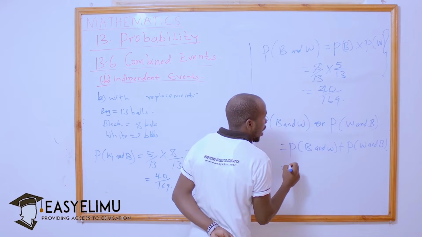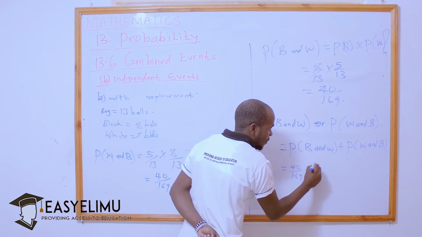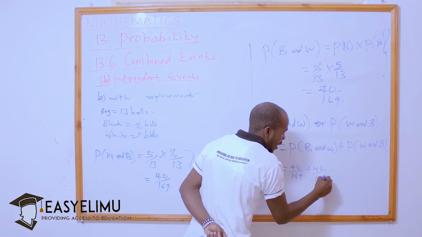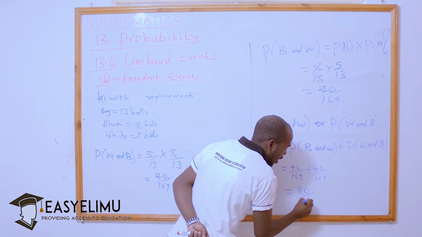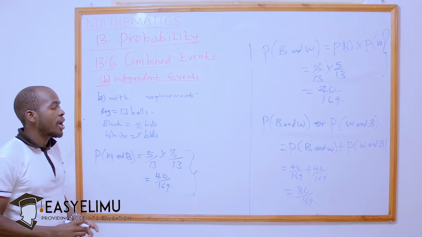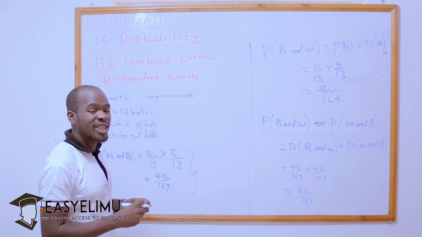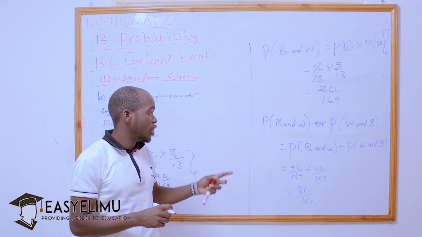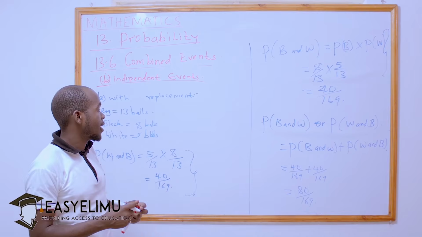On doing that, we have 40 over 169 plus 40 over 169, which gives us 80 over 169. Now this is the probability of picking a black and a white ball with replacement, considered in all dimensions, that is, in one way and the other way, as we can see.